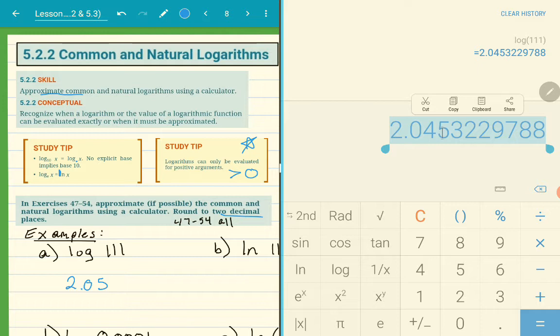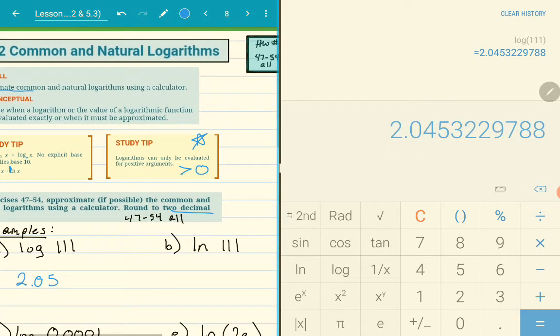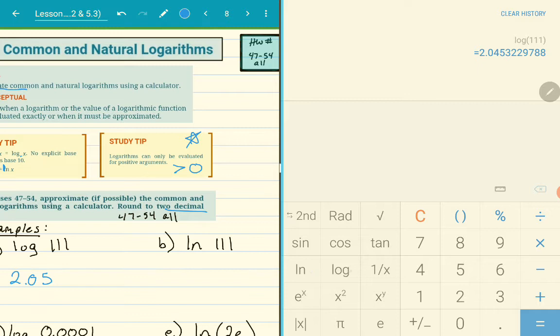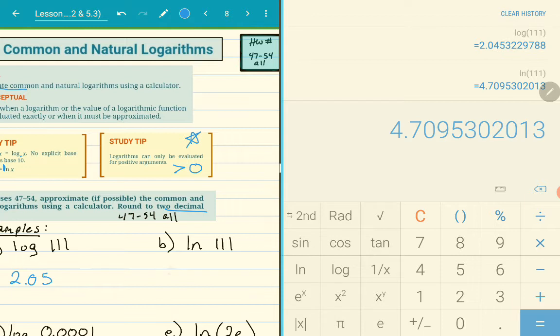So that 4 becomes a 5 when I round. Okay, and then b, now what happens if I do natural log of 111? So now we're changing the base from 10, that's the common log, to e, which is a natural log. So natural log of 111, I get a different number. So now I'm going to go to 2 decimal places, so I'll go 4.71.